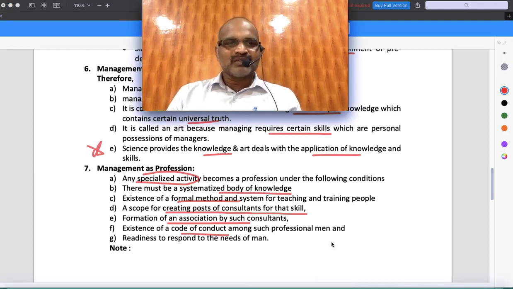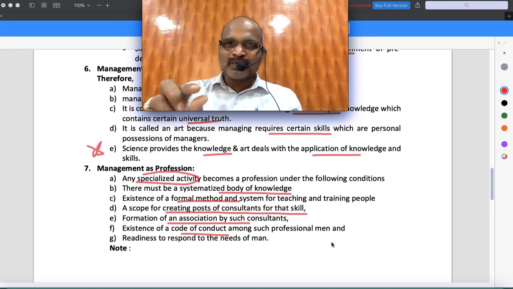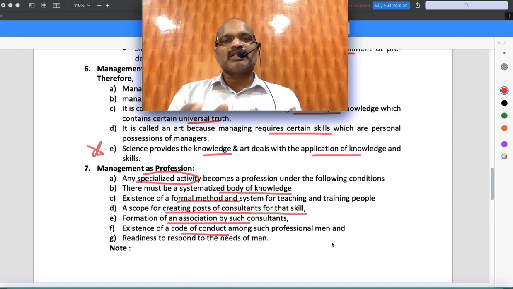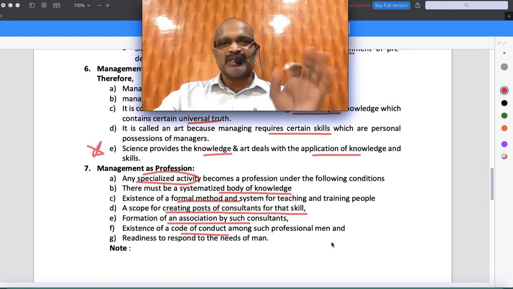So when you are a professional, suppose you are a CMA, you have a systematic body of knowledge, you have a method of doing cost audit, you can be a consultant for companies, you can form a group of consultants, and you will follow a code of conduct. Code of conduct means what to do, what not to do, will be given by your institute, and you will also respond to the needs of so-and-so company, etc.